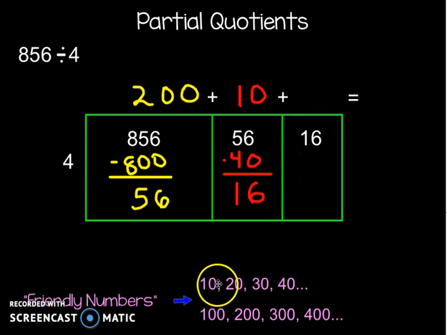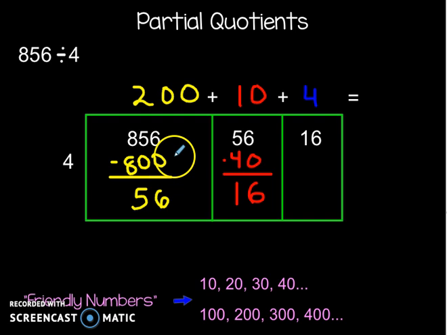Well, if I start with my friendly number 10, it's already too much because 4 times 10 is 40. But I'm looking at that 16 and I know that 4 is actually a factor of 16, isn't it? 4 times 4 is 16. And so I'm going to go ahead and try that.